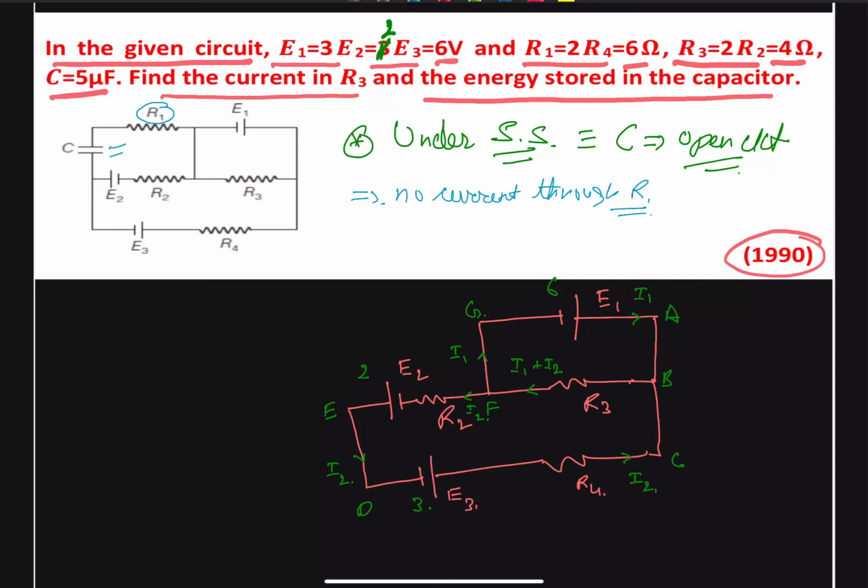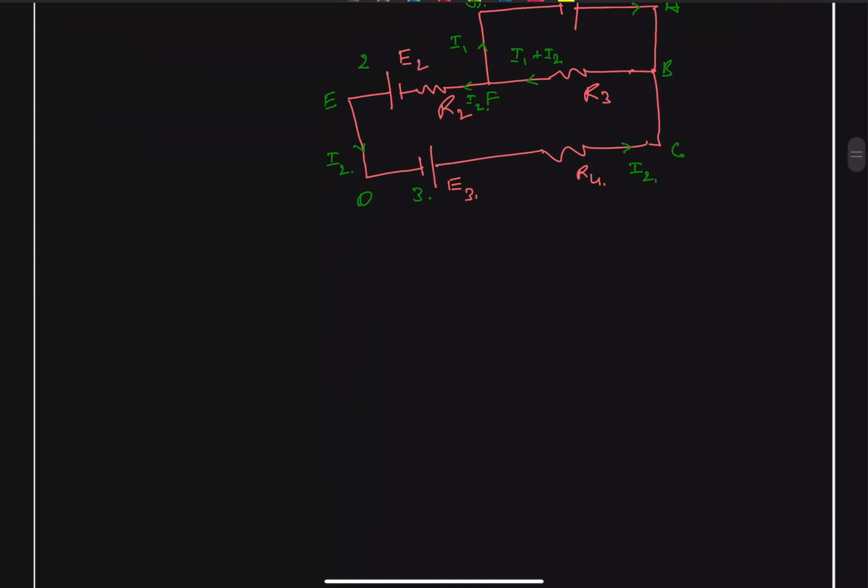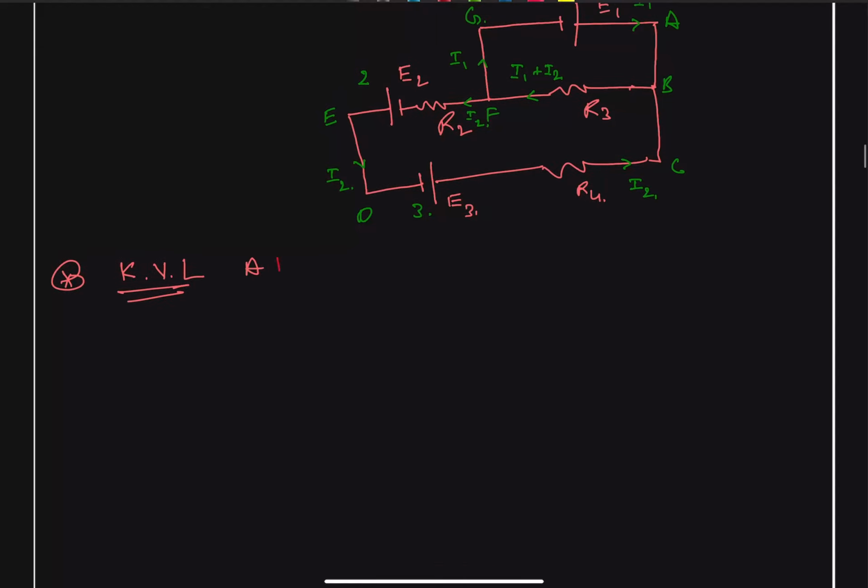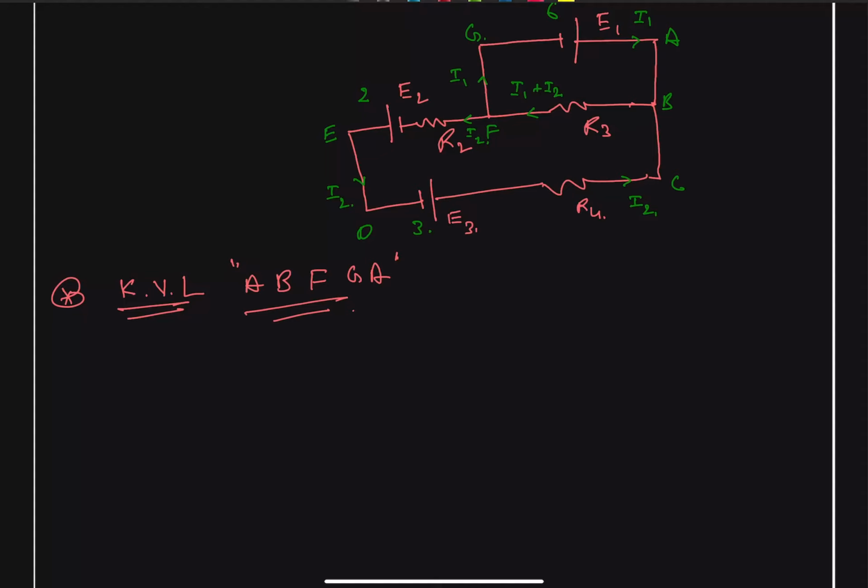Now we can easily use our Kirchhoff voltage law, and first of all let us consider the loop, that is our A, B, F, G, A. So we can say Kirchhoff voltage law, and the loop is our A, B, F, G and A. And let us draw this loop.